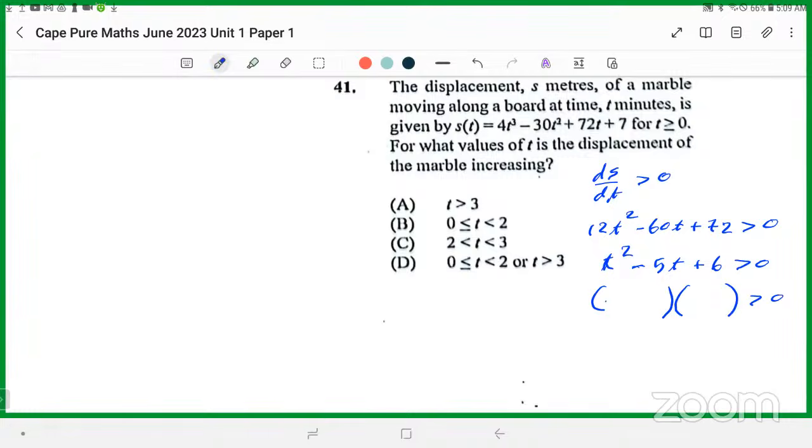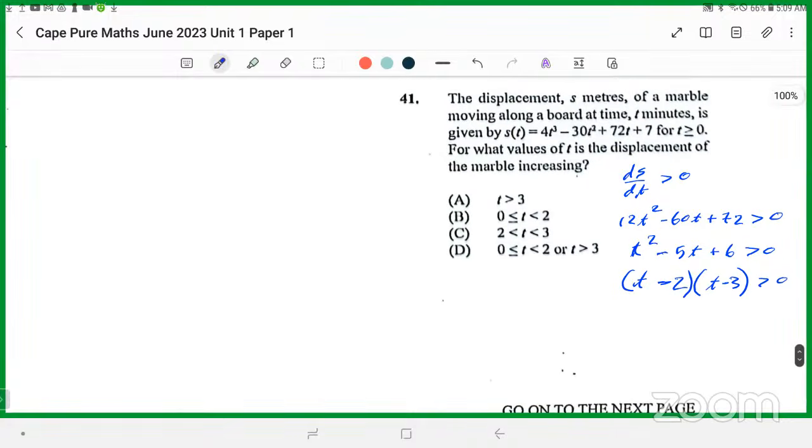Greater than 0. So we get t minus something. Signs are the same, they are both negative. So it's 2 and 3, not 6 and 1. Both signs negative, minus, minus. Now you're outside of 2 and 3, because greater than 0.